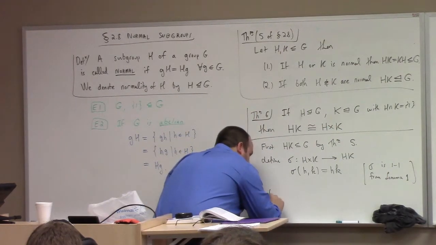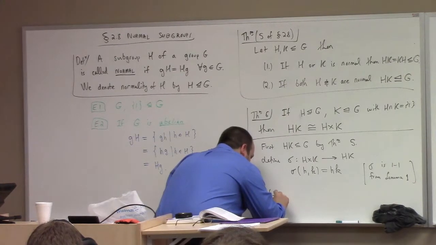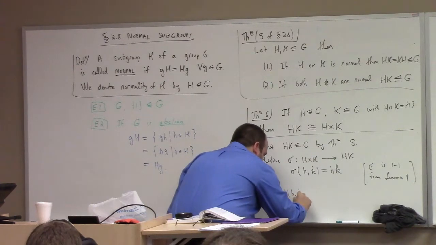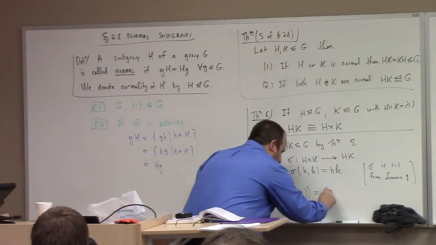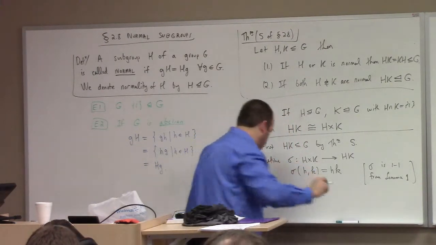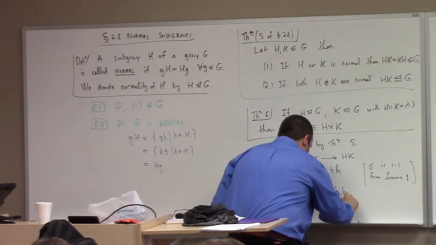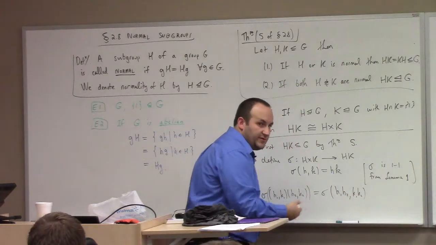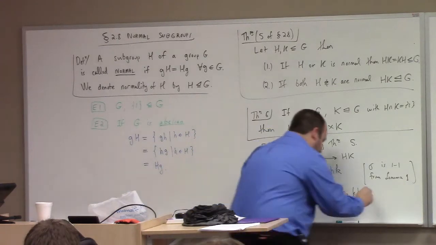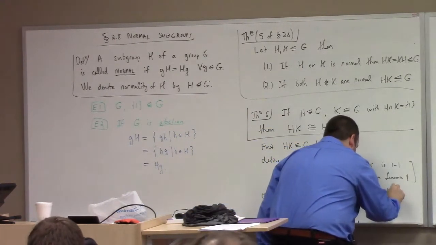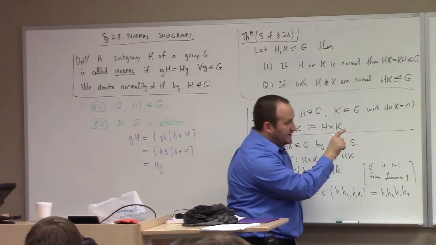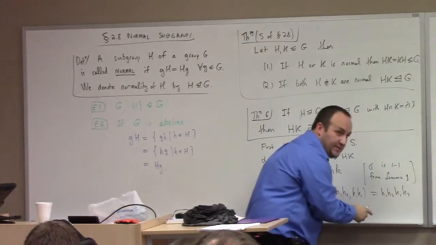So if we have sigma of (h1, k1)(h2, k2), that's sigma of (h1h2, k1k2), by definition of the operation in the direct product. And so that's equal to h1h2k1k2. But here's where lemma 1 comes into play in particular.